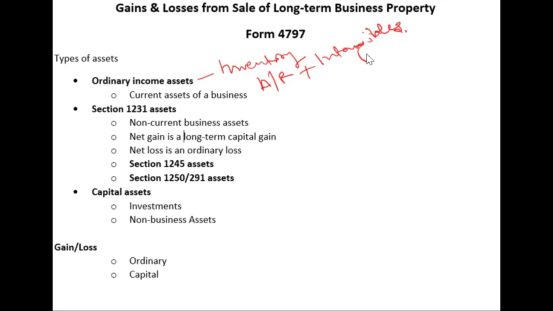Then there is section 1231 assets. Basically, these are for non-current business assets, assets comprising principally personal and real properties.